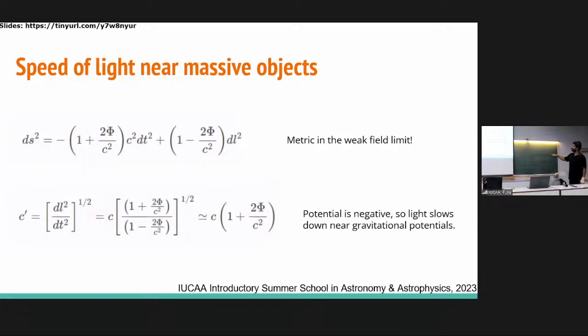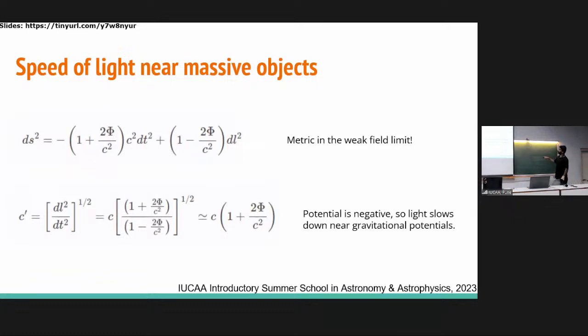So if you rearrange this equation, it will look something like this. Right? So this 1 plus 2 phi by c square, and then 1 minus 2 phi by c square will go in the denominator. This c can come out. And so you see that the apparent speed that light takes will develop this kind of a correction, right? As it goes close to massive objects.